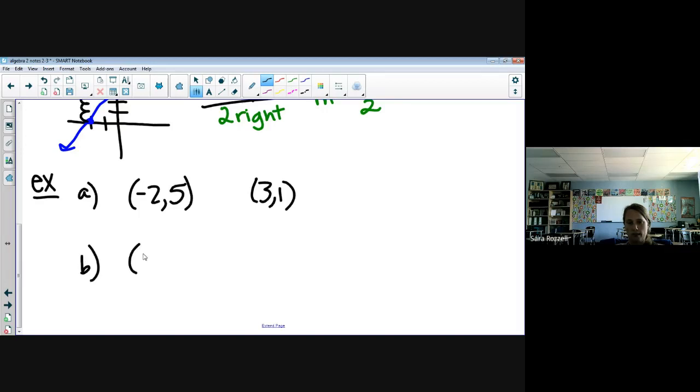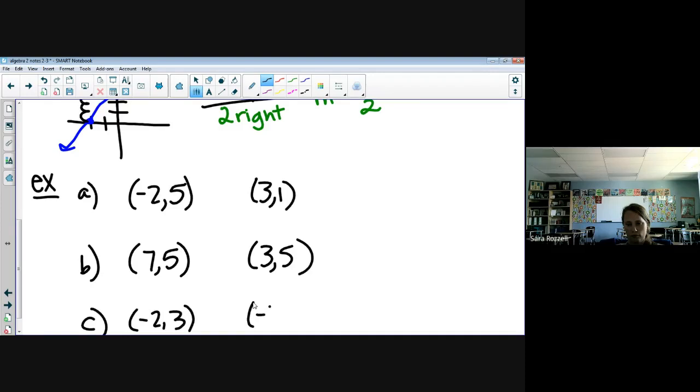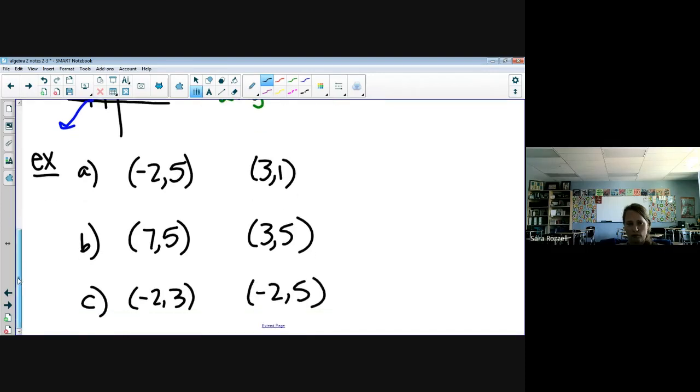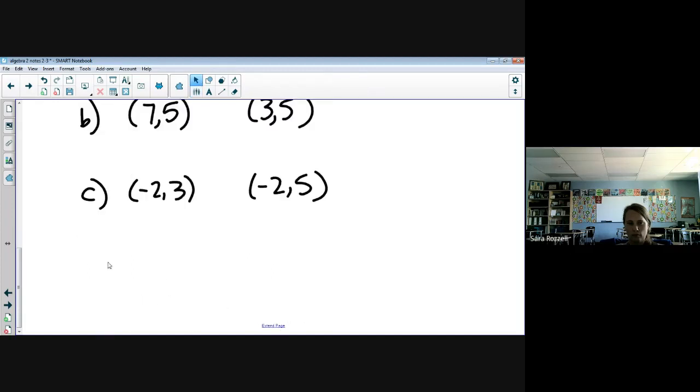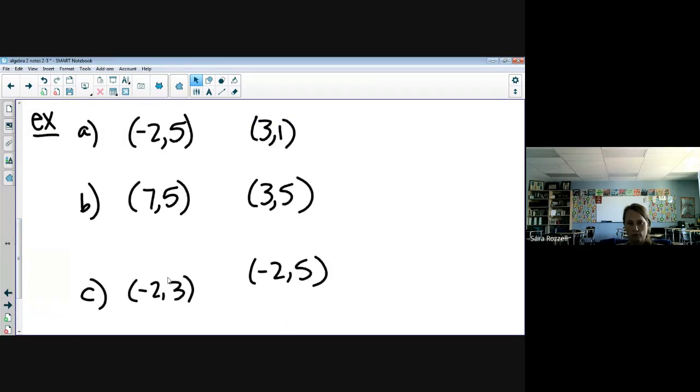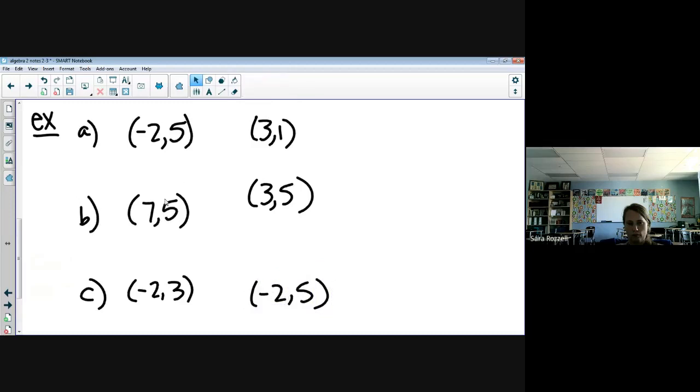I'm going to write the 3 examples down and we'll work through them. So we're going to find the slope between these sets of points.